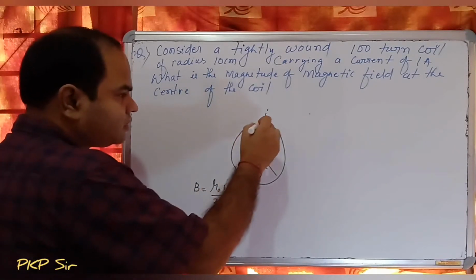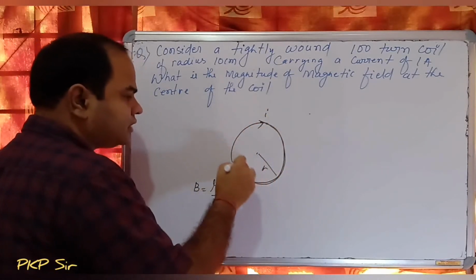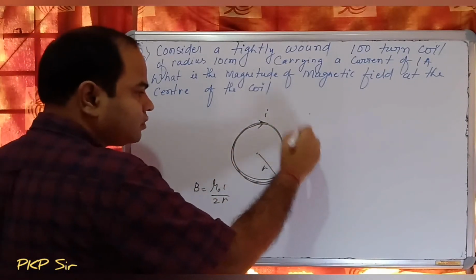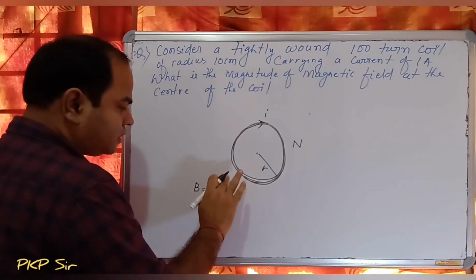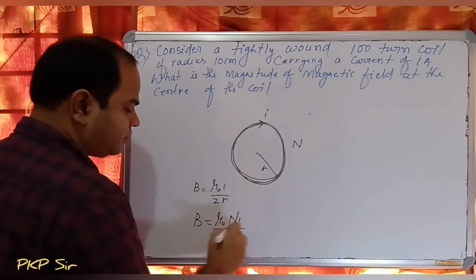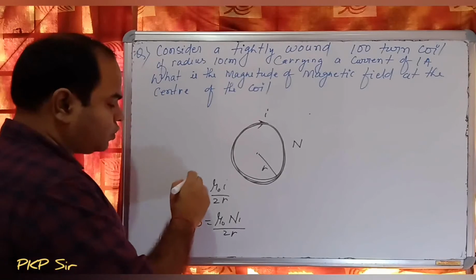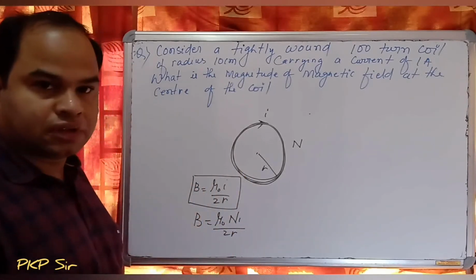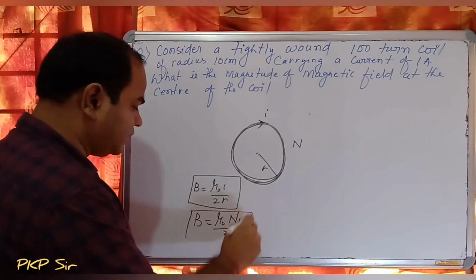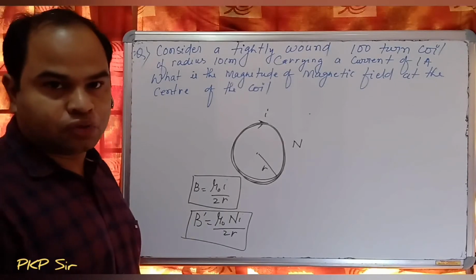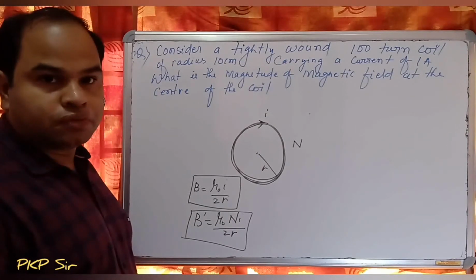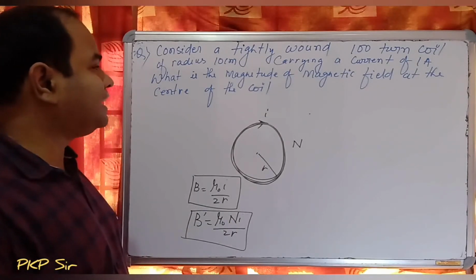But if the circular wire has n number of turns, then B will be mu naught nI divided by 2r. For one loop this is the formula; if there are n loops, then B dash becomes mu naught nI by 2r, n will be multiplied.